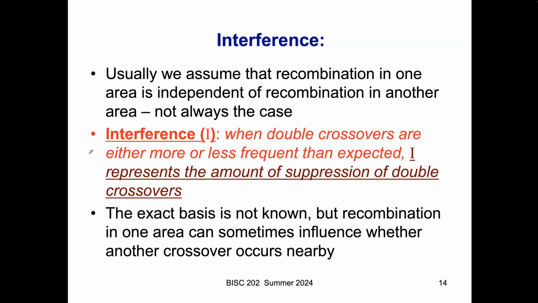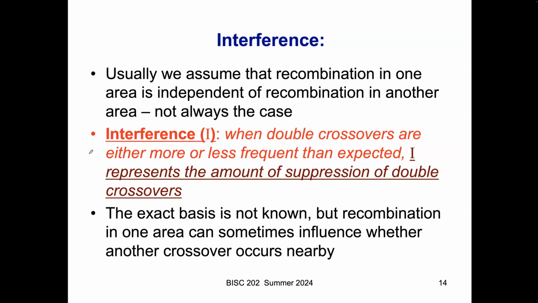That means if a crossover occurs in a particular location, it's sometimes more likely that another crossover is detected nearby. That is seen in prokaryotes, and we may talk about that when we talk about bacterial genetics. And in eukaryotes, we more often see that if there is a crossover in one region, it's less likely that another crossover occurs nearby.